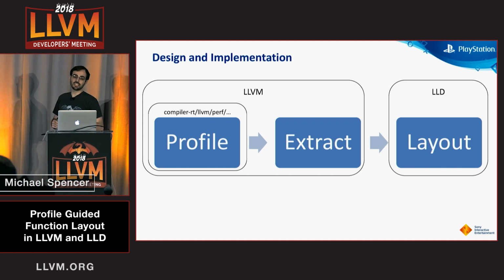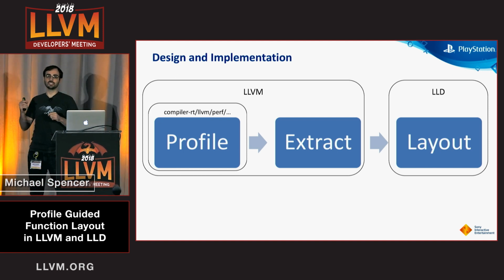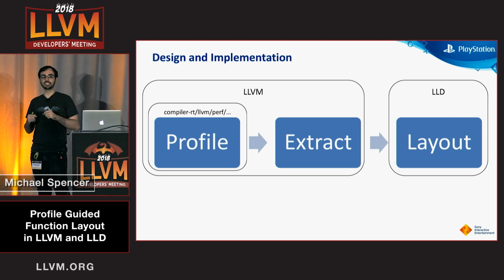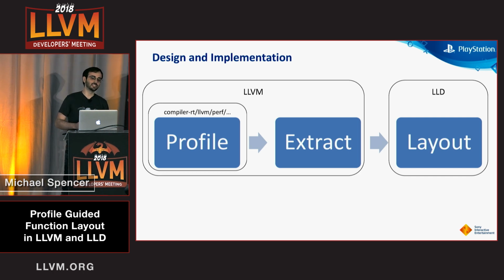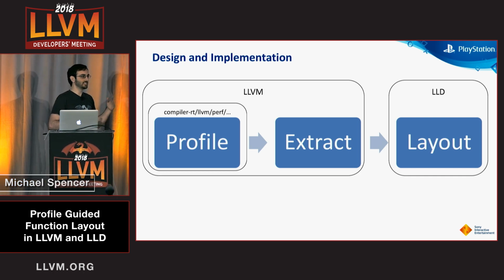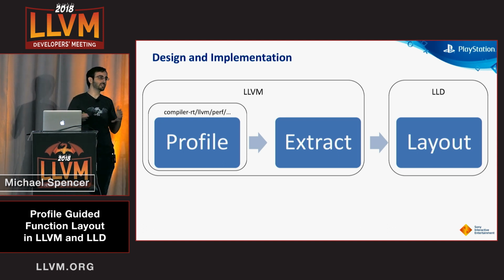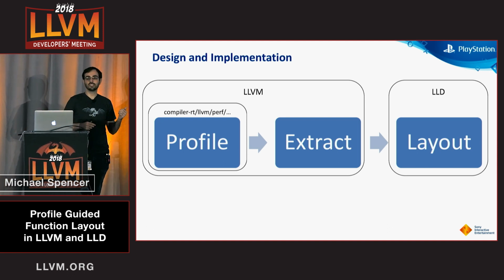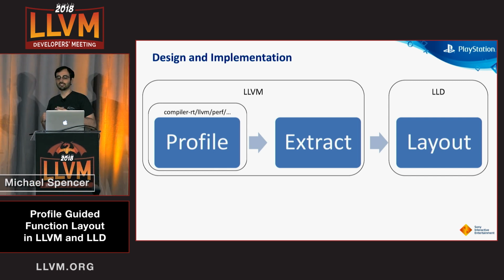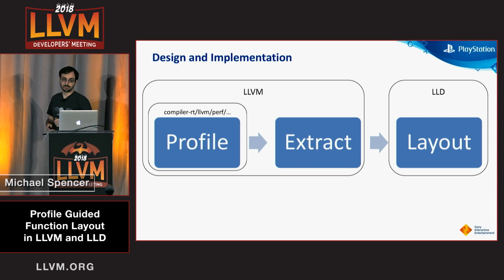The next step is that we need to extract this profile, because the profiles say this basic block is hot, or this edge in the basic block is hot. It doesn't actually say this function calls this function. So we need to extract that information into which functions call which functions. Then we embed that into the object file, and then have the linker, in this case LLD, lay out based on that profile, that call graph profile.